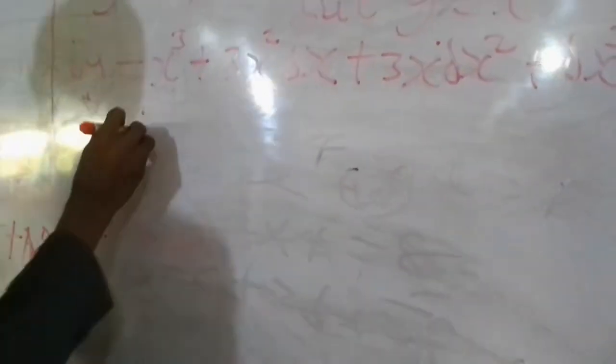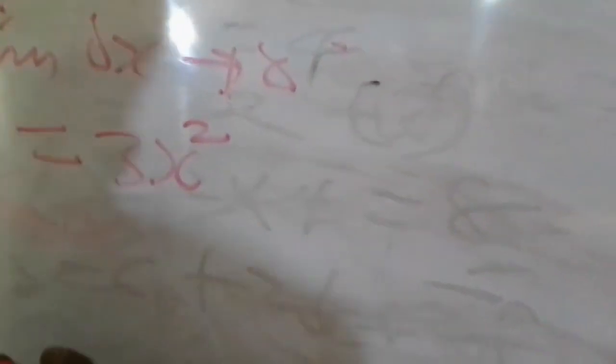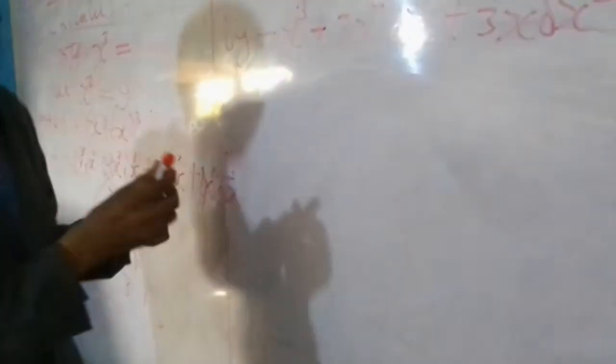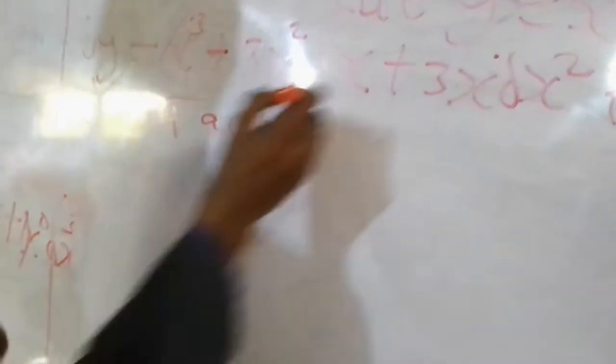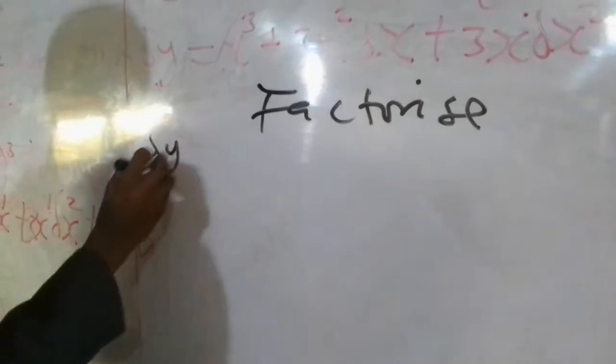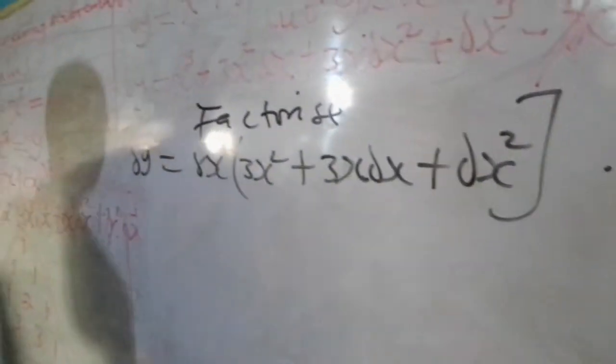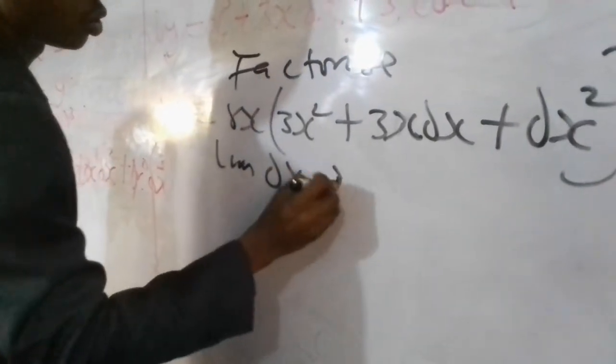Let us factorize. Delta y is equal to delta x, which is common, into bracket 3x squared plus 3x delta x plus delta x squared. Then take the limit as delta x tends to 0.